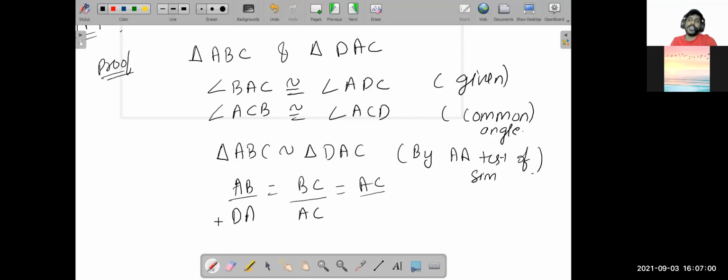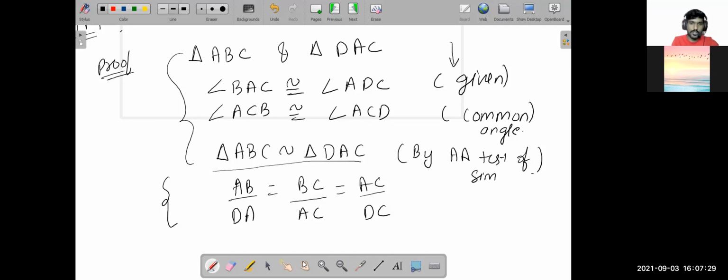But you will miss the main part of the question. So maybe if it is 3 marks, then 1 or 1.5 may be deducted, and you'll get 2. The main part is that you're showing similarity and giving proper reasoning, and this is just the last step. So 1 or 1.5 maximum.